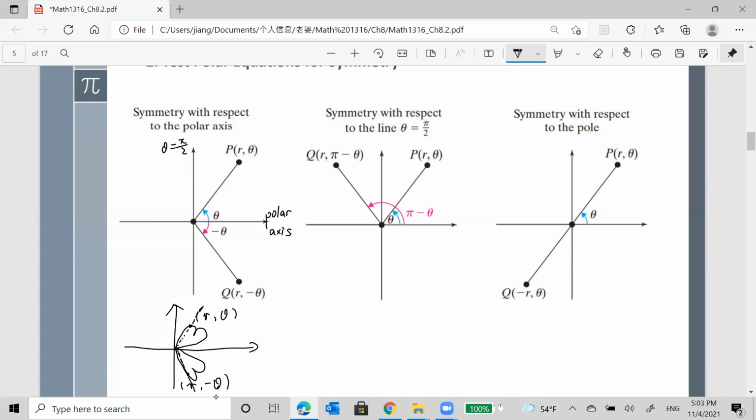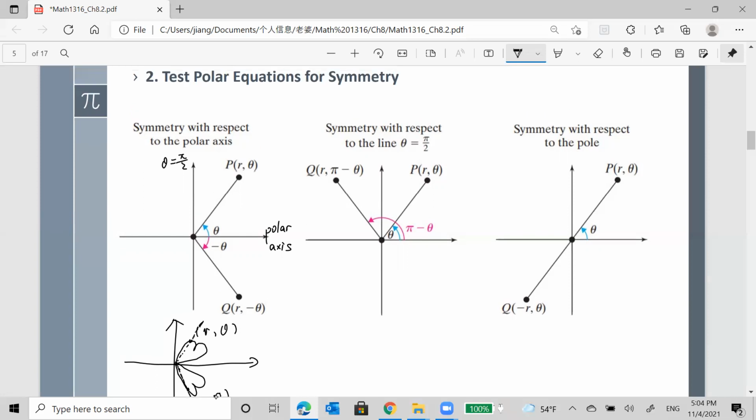So the absolute values are equal, but one is counterclockwise and one is clockwise. That's a different rotation, so here it must be a negative angle. That's negative theta. So if the point is symmetric to the polar axis, the point on the other side of the polar axis is (r, negative theta), because from here to here is theta, and from here to here is negative theta.